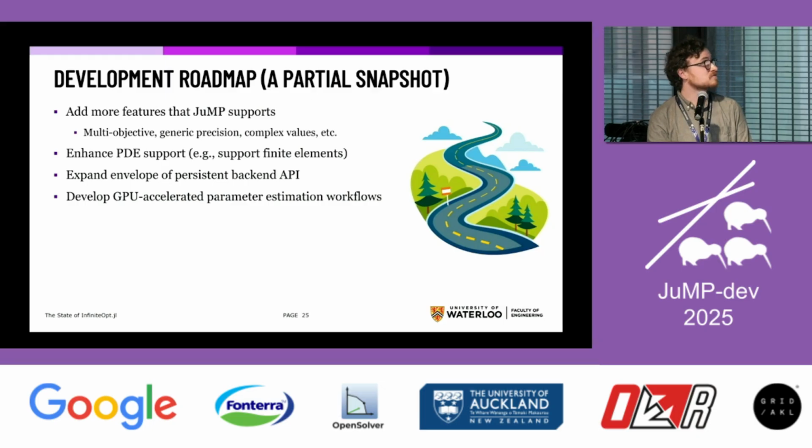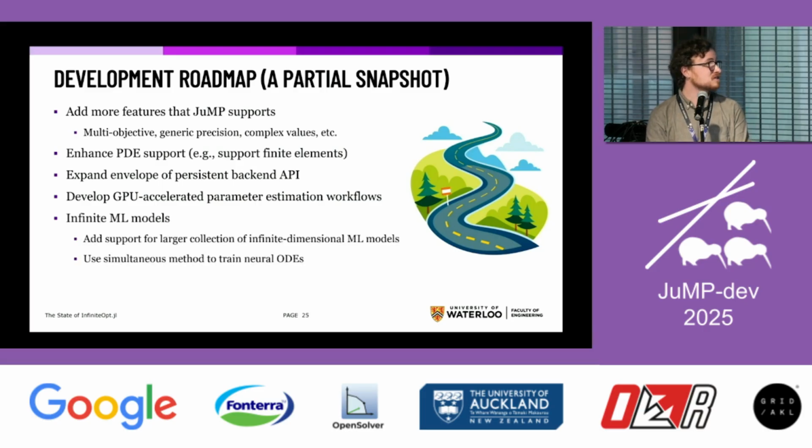Looking also with some of our GPU work, we're starting to look at dynamic parameter estimation problems and using GPUs to accelerate some of those problems with some collaborators we have. Also looking to expand the suite of support with MathOpt.ai for machine learning models, exploring the use of neural ODEs, maybe using things like neural operators for PDEs.